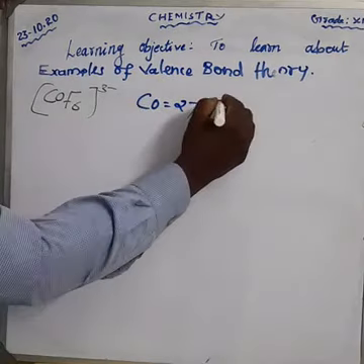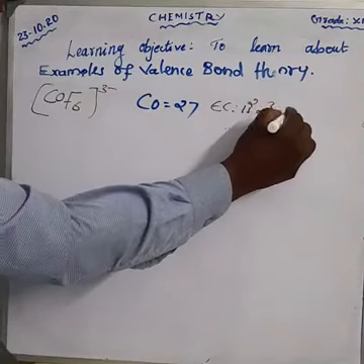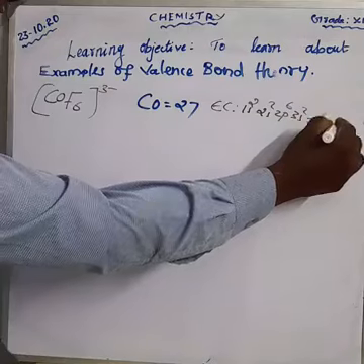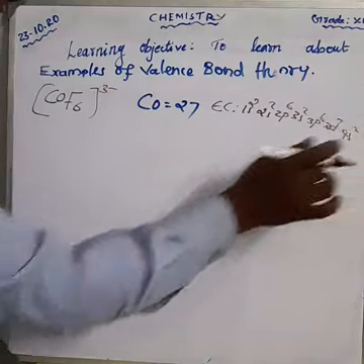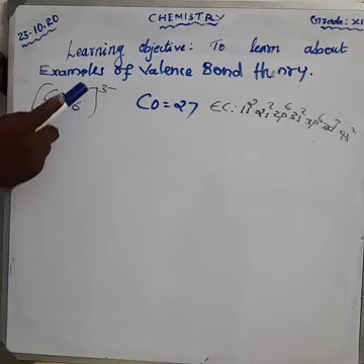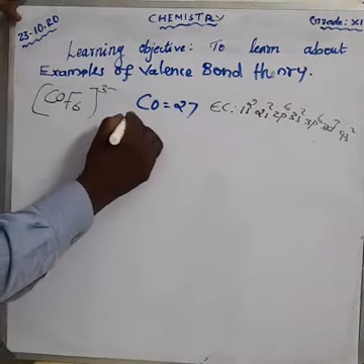How will you write the electronic configuration? That is 1s2, 2s2, 2p6, 3s2, 3p6, 3d7, 4s2. Here Co3+, because they are given 3 minus, so we should write Co3+.